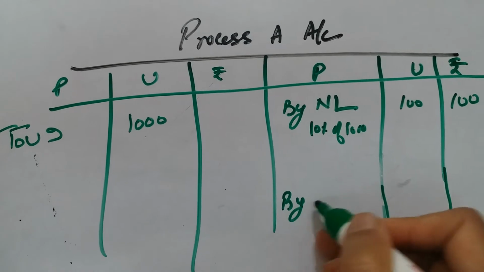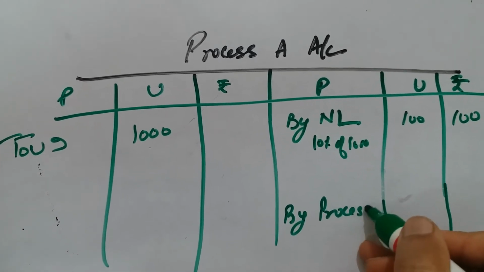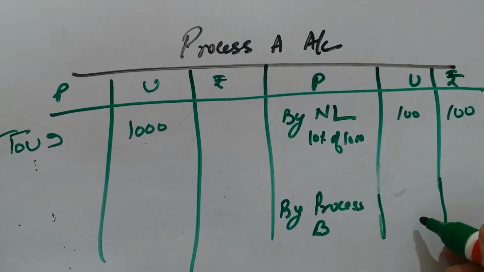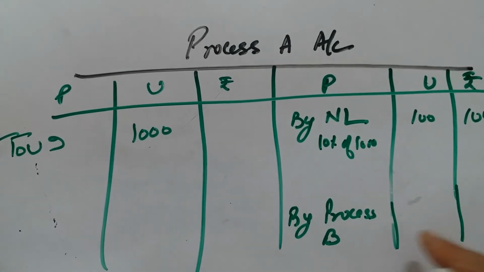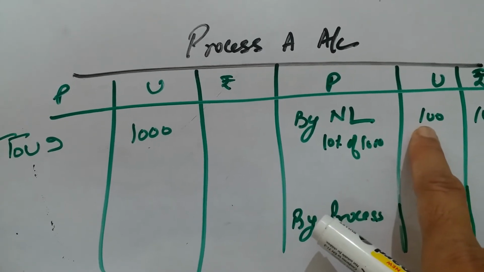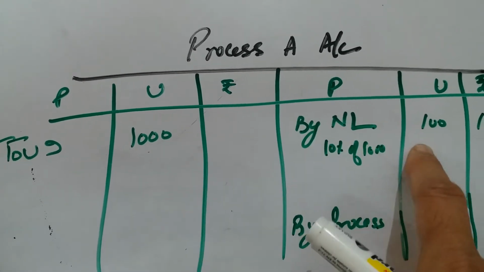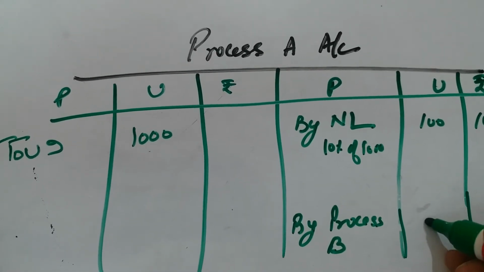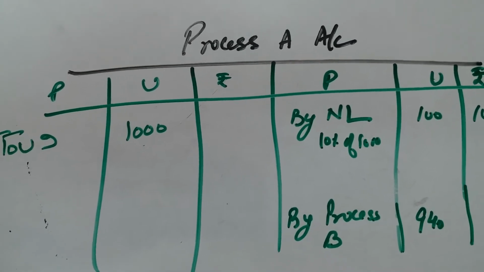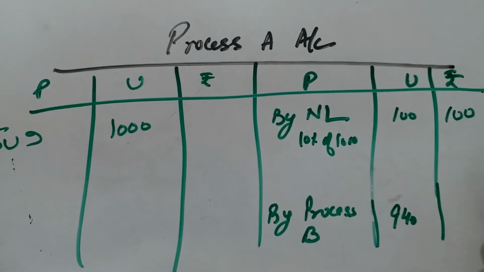By transfer to the next process, Process B, the units should have been 1000 minus 100, that is 900. Now actually they are, let's say, 940. I know this sounds a bit odd, but these are exceptional circumstances in which it can happen.